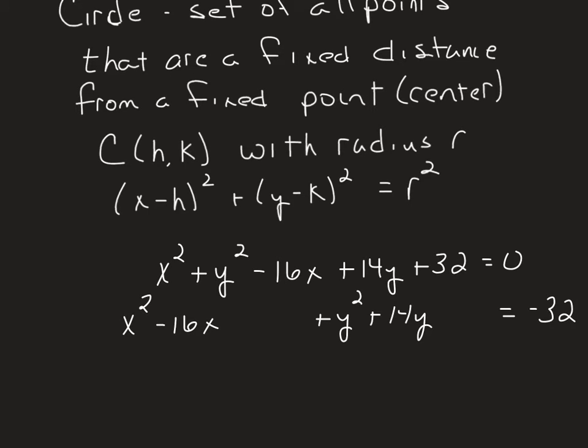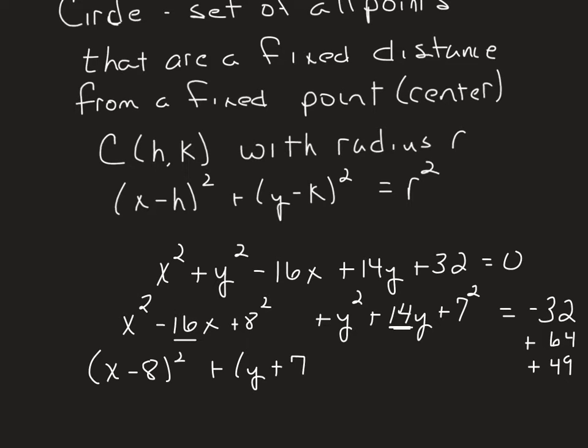Now, to complete the square, hopefully you remember, I'm going to take half of that middle term, in this case it's 8, and I'm going to square it and add it to this side as well. And then we're going to take half of this term and square it, and I have to add it to the other side. I didn't leave myself enough room there. All right, now I can rewrite this in standard form. (x minus 8) squared plus (y plus 7) squared.